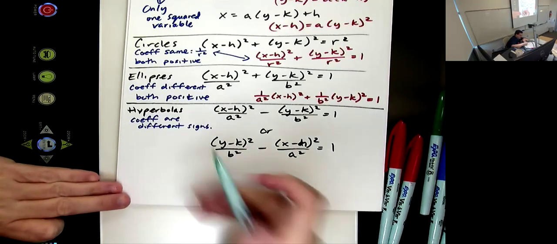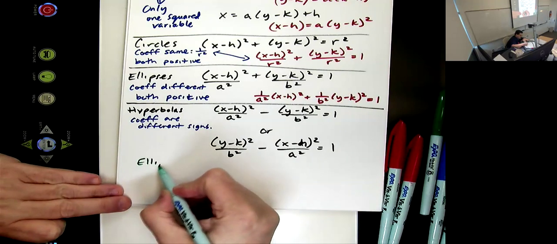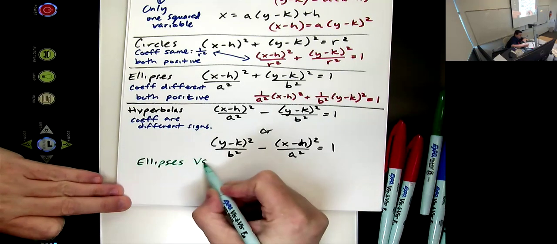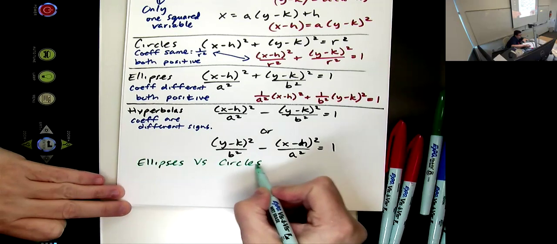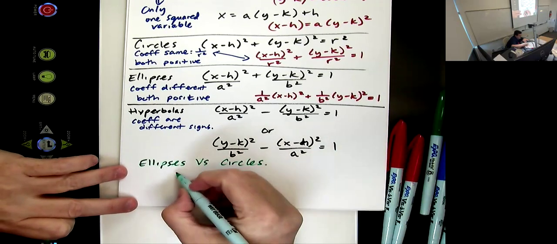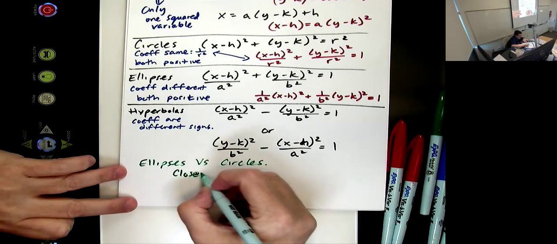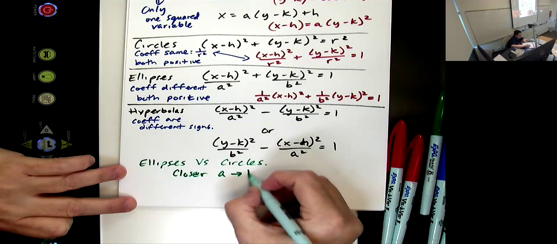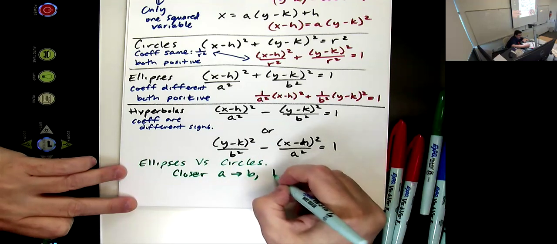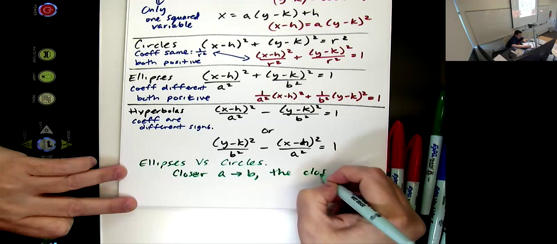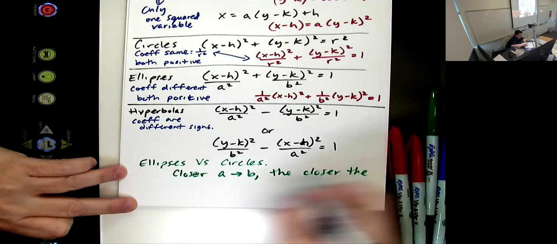And if we look at ellipses versus circles, the closer a gets to b, the closer the ellipse looks like a circle.